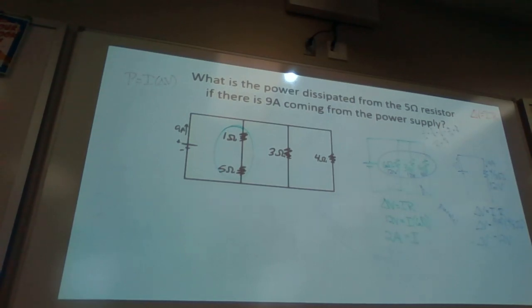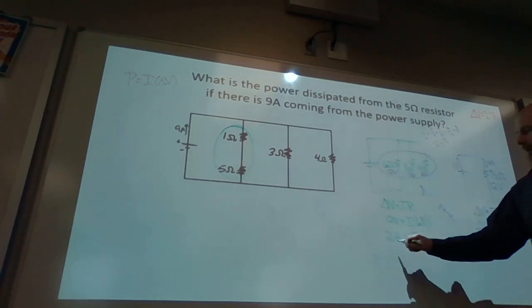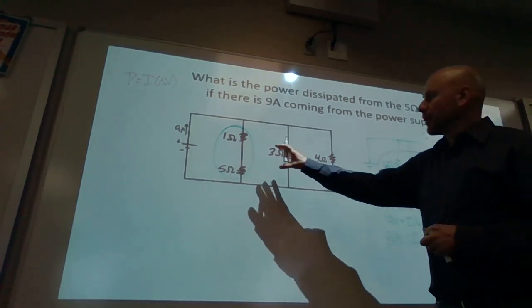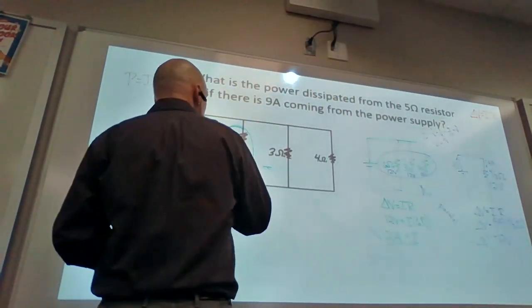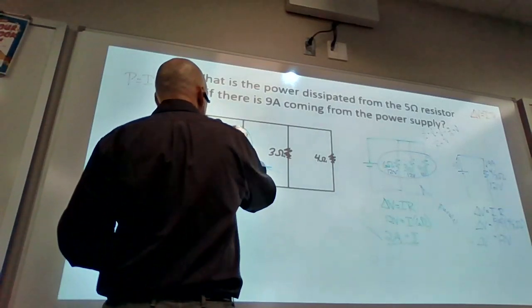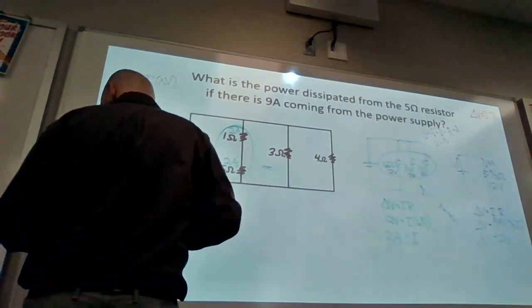I multiply what by 5, 6? Nope, they're not. It's not proportional like that. Once you have this, these two are wired in series. So I've got 2 amps going through this one and 2 amps going through this one. I care about this guy.